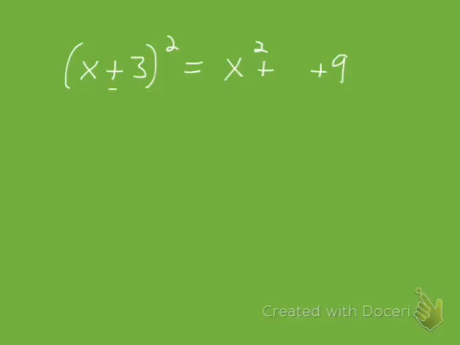Okay, for your middle term, you take these two and multiply them, which is 3x, but then you multiply that times 2. So it's the x times the 3 times 2 to give you 6x. So x squared plus 6x plus 9. It's just a shorter way of doing the FOIL without writing it all down. And hopefully you'll get to where you can do this in your head and just write that.